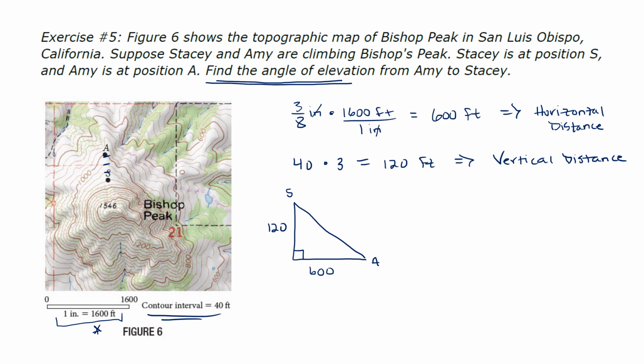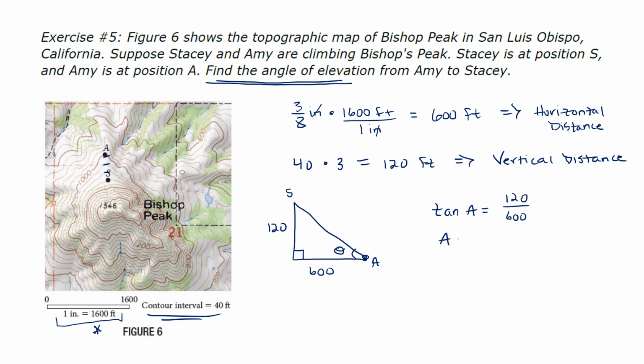I want to find my angle of elevation from Amy to Stacy. So I'm trying to find angle A. From the perspective of angle A, I have an opposite side and an adjacent side. So I'm going to use the tan of A to find my theta. The opposite is 120 over the adjacent, which is 600.